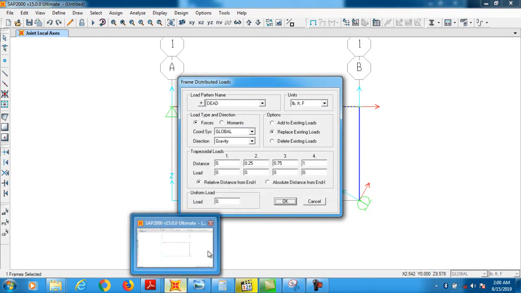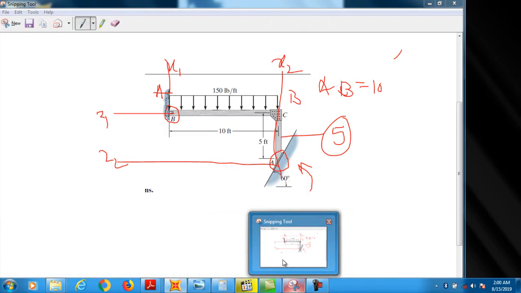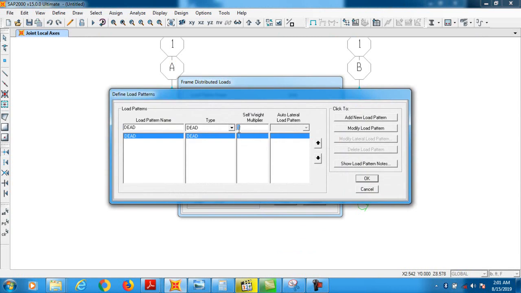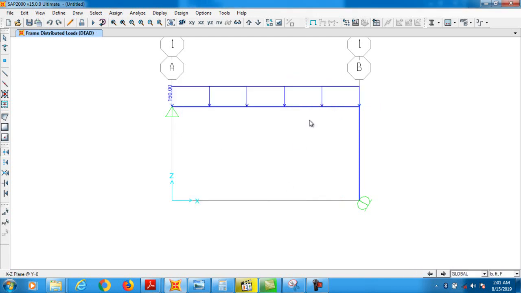The magnitude of the loading is 150 pound. Make sure this is 0. This is 0. Modify. And global force, add to existing, and okay. This is the load. Joints are assigned, element is drawn, loading is assigned.